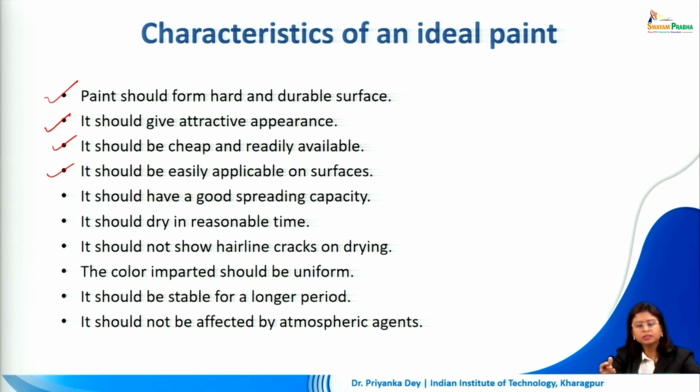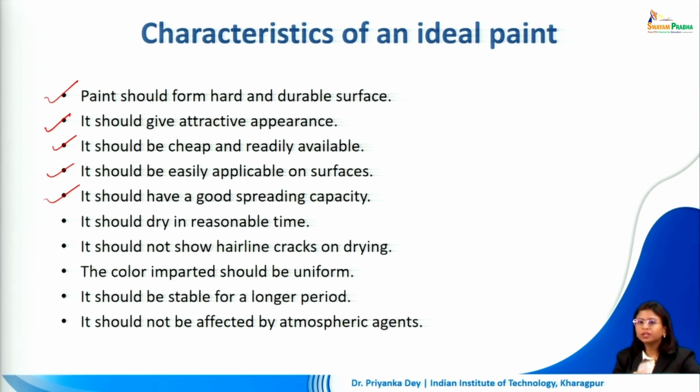We can of course create different finishes in our plastering. We've already learned that in our last module. So the paint should have the characteristic that we can easily apply it on different surfaces. It should have a good spreading capacity. So it should easily spread over a large area on the surface, failing which we will actually end up spending too much paint.